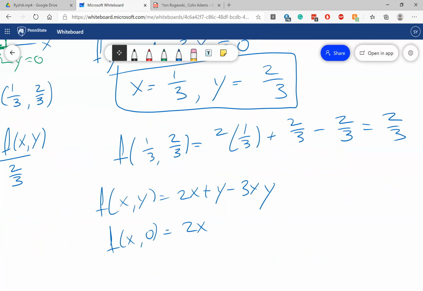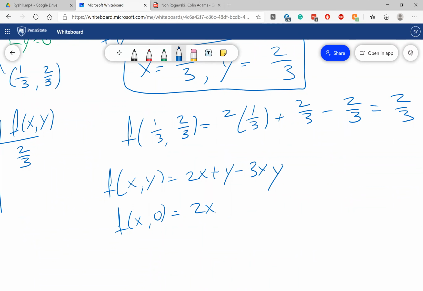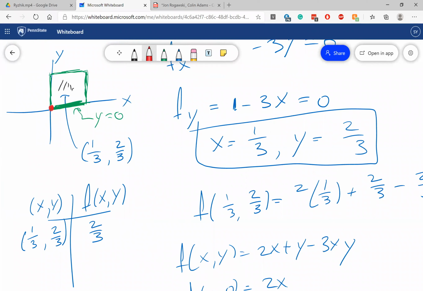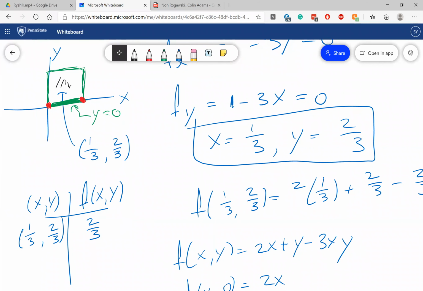Now in order to find the critical points on that boundary, we just need to take the derivative of 2x, and that's going to be 2, which is never equal to 0, so it does not have any critical points. But we do have to keep track of the boundary of the boundary, because that's the same as when we have one dimension.